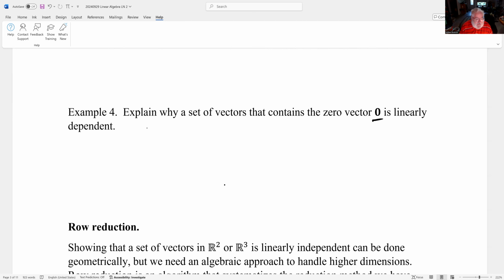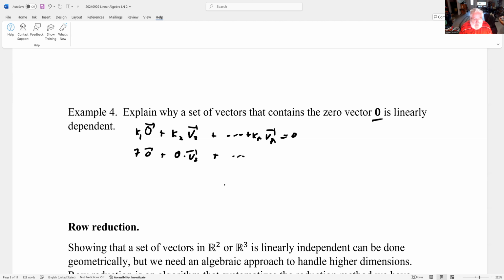Well, if your set of vectors is k1 0 plus k2 v2 plus dot dot dot plus kn vn equals 0, you can make this say 7 times 0 plus 0 times v2 plus dot dot dot plus 0 times vn equals 0.